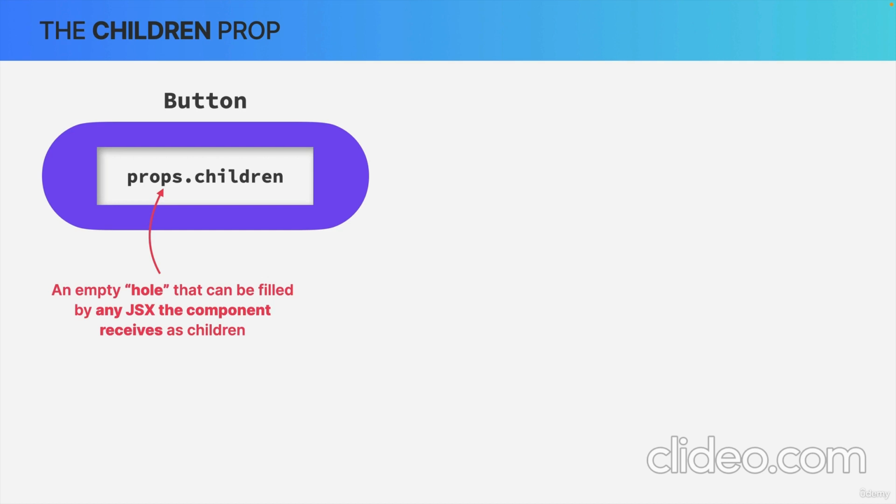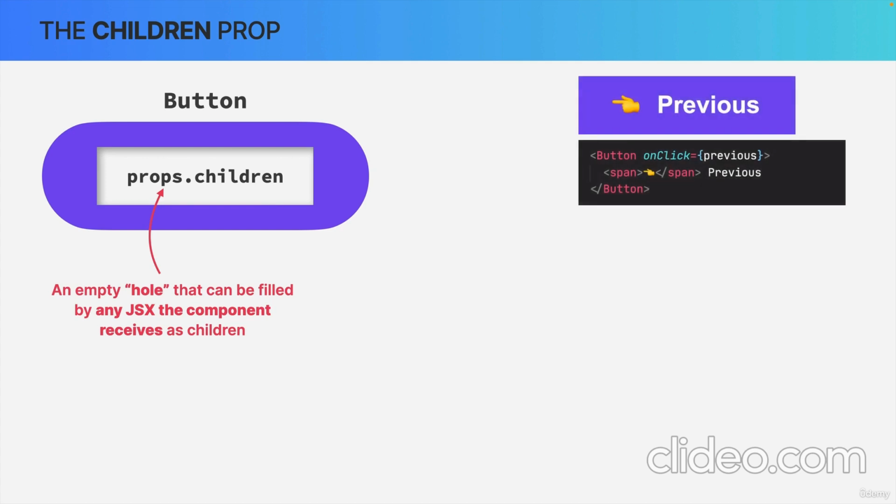But then the question is, how do we pass in these children? Well, when we include the button component in some JSX, instead of immediately closing the element, we can write some more JSX into that element. Just like we can write any HTML markup inside other HTML elements, right?